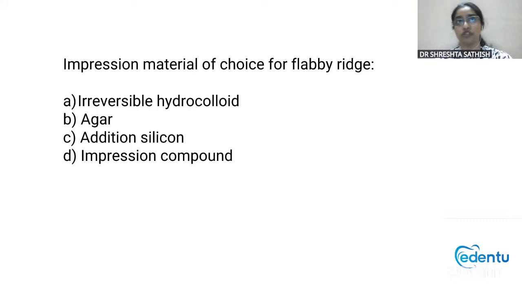Impression plaster, usually you make the impression, cut out the area where there is a flabby ridge, and you paint that area with impression plaster when you make the impression. So that is the mucostatic impression that you can make for a flabby ridge. In a flabby ridge, you don't give a mucocompressive method. Why? Because once you compress the ridge, when the prosthesis comes, it is going to push it back.